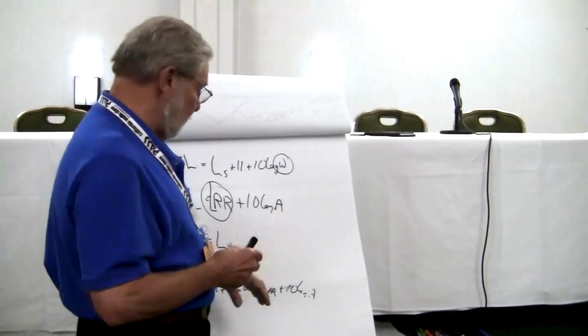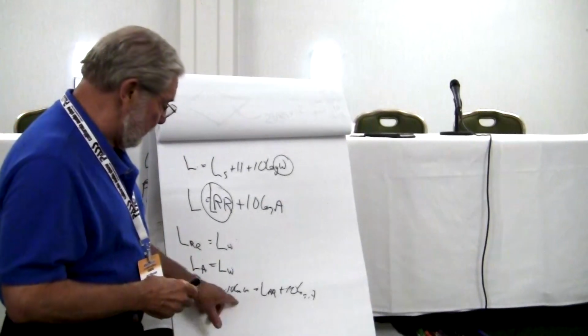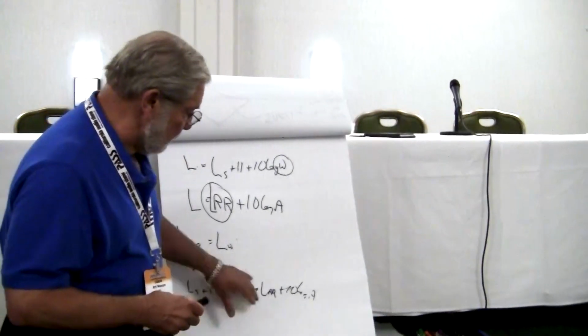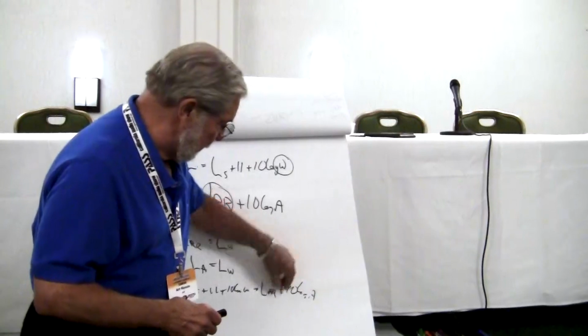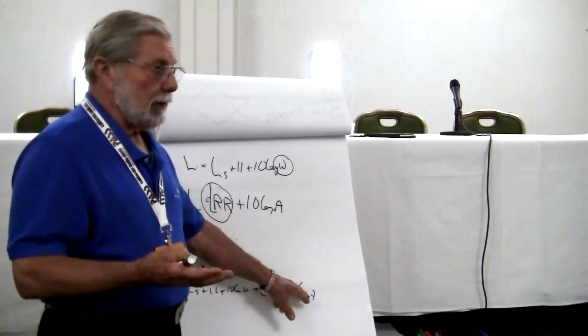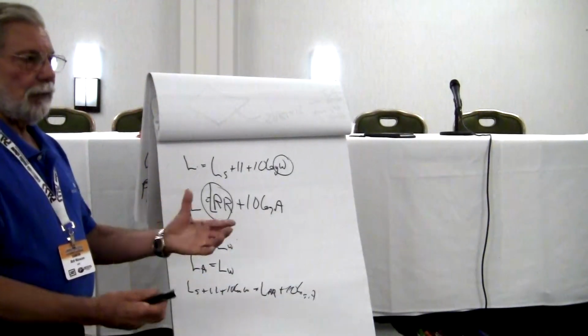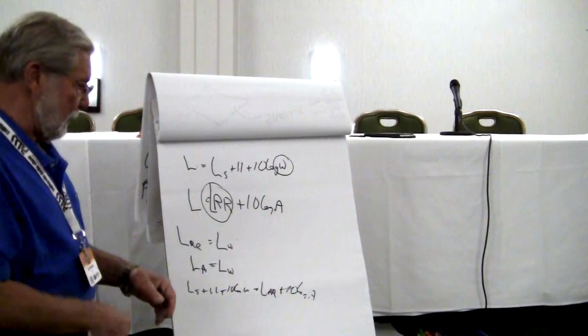So this is the power balance: this is energy going into the room, this is energy being sucked out of the room, and it's related to the reverberant level in the room, essentially, times the area of the absorber. That's assuming it's 100% efficient.